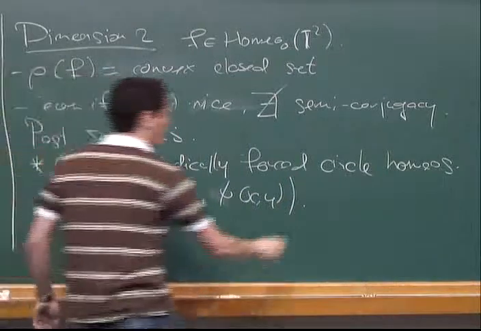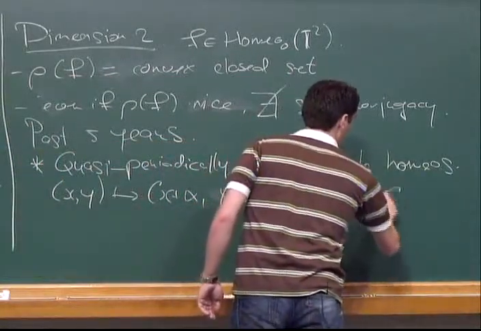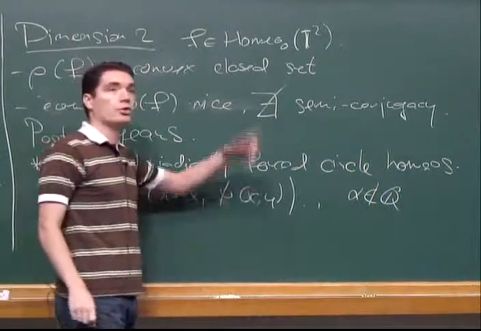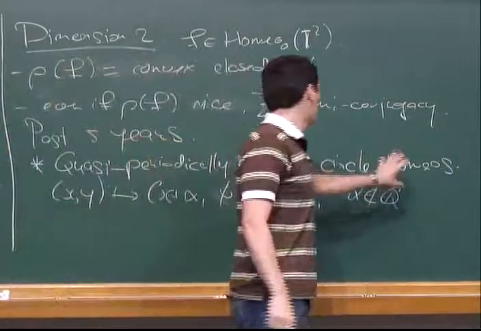Alpha here is non-rational, not in Q, so that's where the forcing comes from, and for every fixed x, this is just a circle homeomorphism. A lot of work has been done in this case.